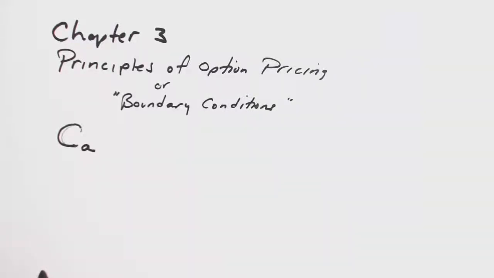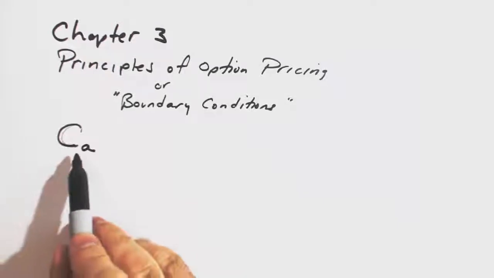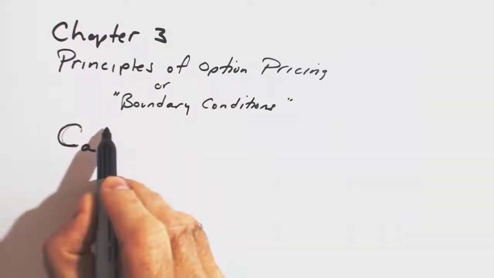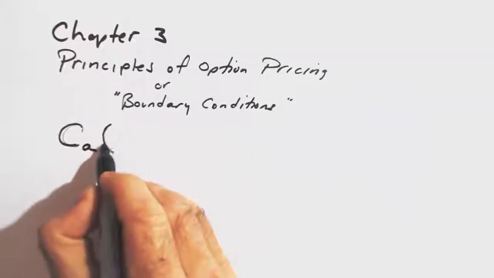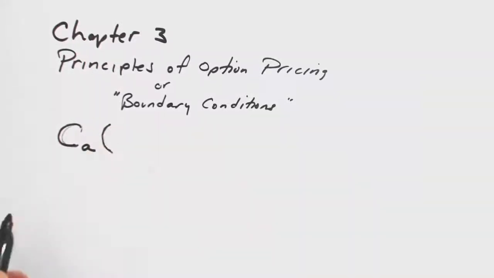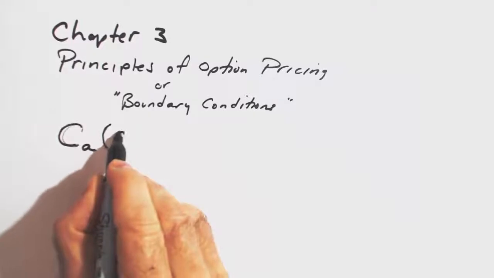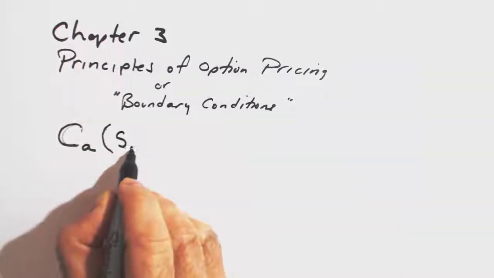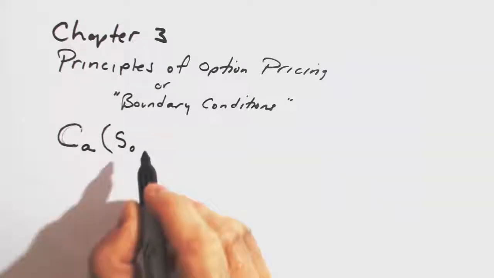So let's, for the moment, look at an American call option and its minimum value. We're looking at the price of this call, the value of this call for the stock at time 0.